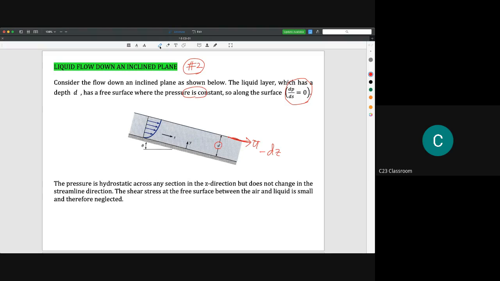When this molecule reaches its maximum velocity, so let's say it is 5 meters per second, then all the molecules here will flow at the same velocity, which is 5 meters per second. So that means the gradient along this y-axis is actually 0. That is the meaning of du/dy equal to 0.